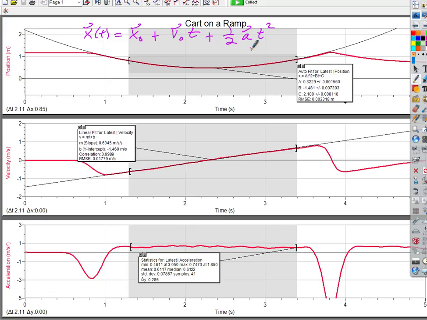Well, we're trying to calculate acceleration, aren't we? So whatever the coefficient of t squared is, that's equal to 1/2 a. So in our model here, it looks like A is 0.3229.